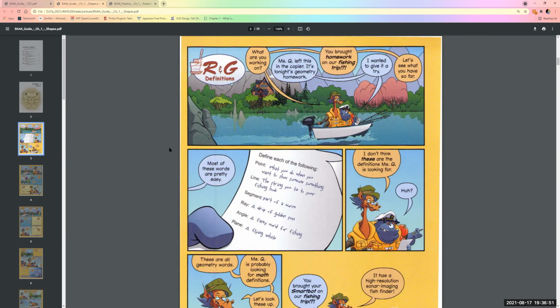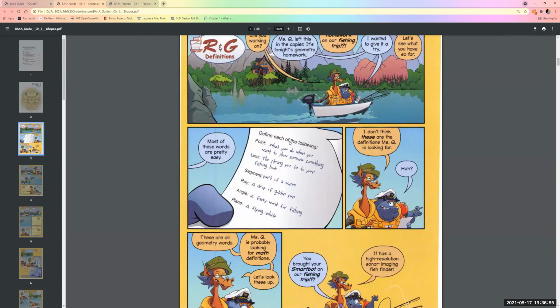Most of these words are pretty easy. So here on the page, it says, define each of the following. Point, what do you do when you want to show someone something? Line, the string you tie to your fishing hook. Segment, part of a worm. Ray, a drop of golden sun. Angle, a funky word for fishing.